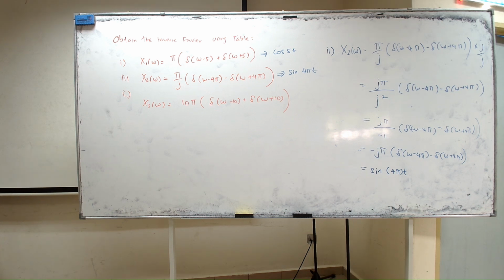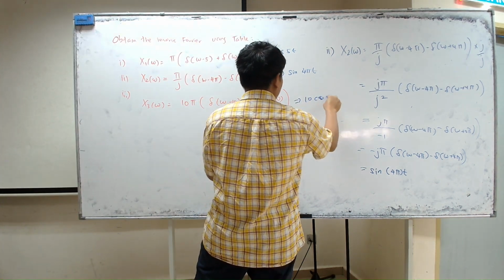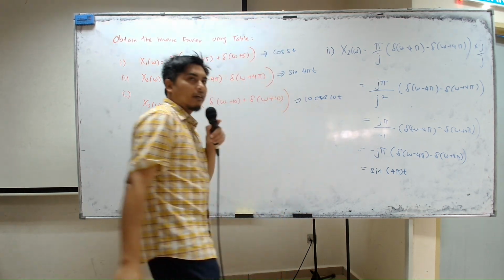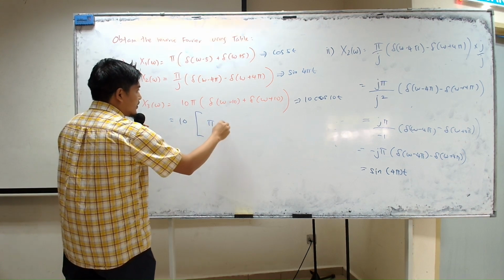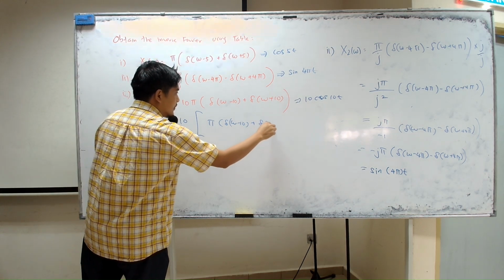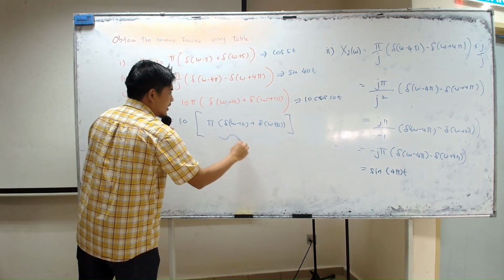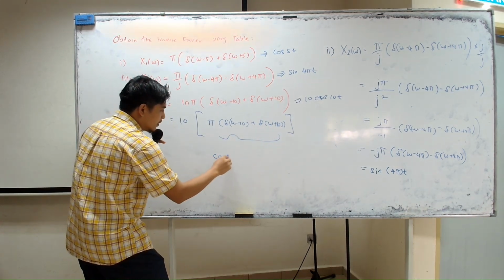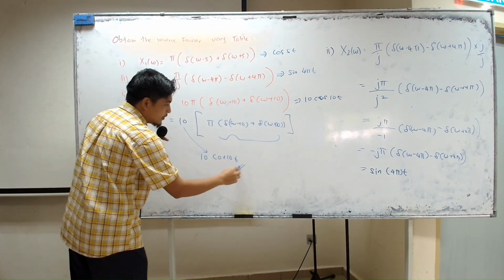Okay, so this is the last. The last is, you get what? 10 cos 10t. That's correct, because here you just factorize 10, and then this thing actually equals cos 10t, and then multiply with the outside there.